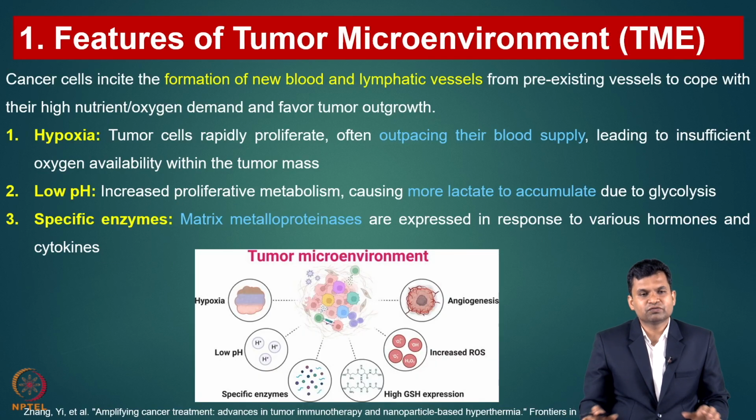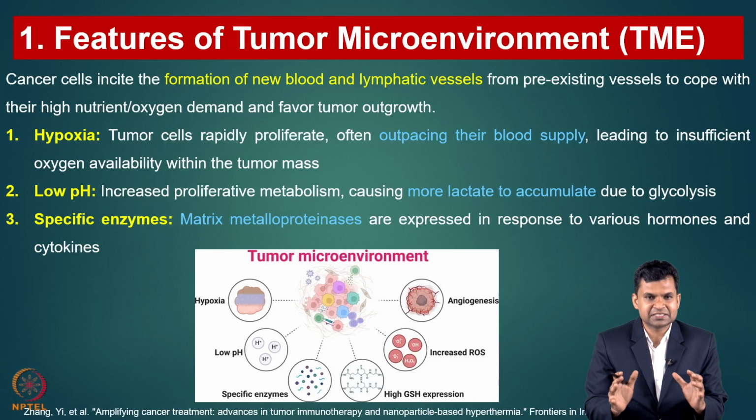As we have been discussing for many days, the tumor microenvironment matters. Before targeting, we should know the pathophysiology of the disease, which is the most important thing for targeting.